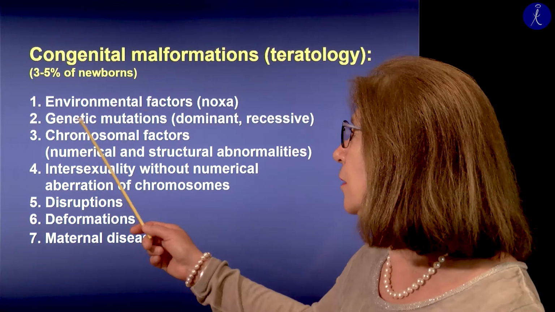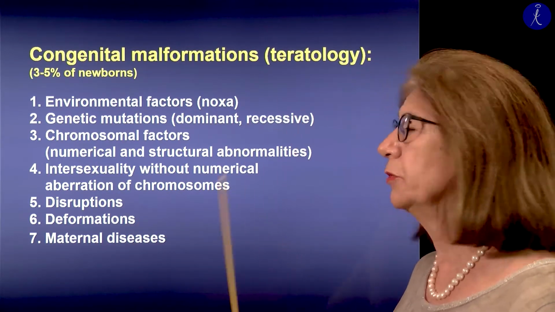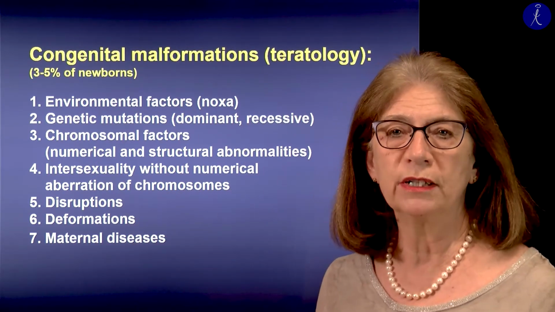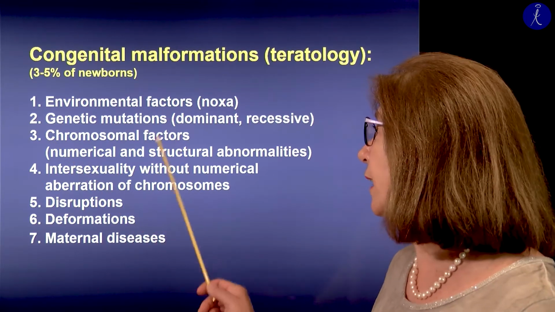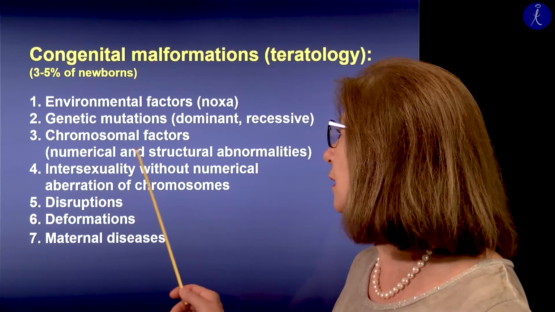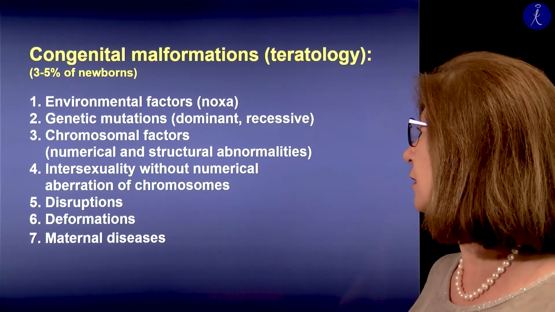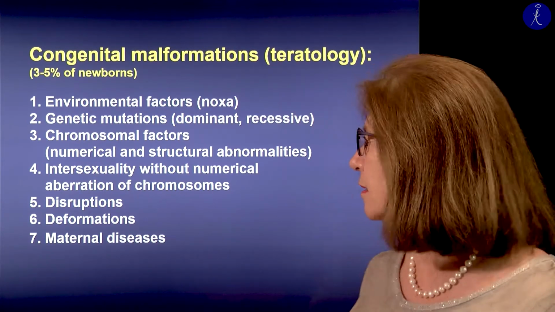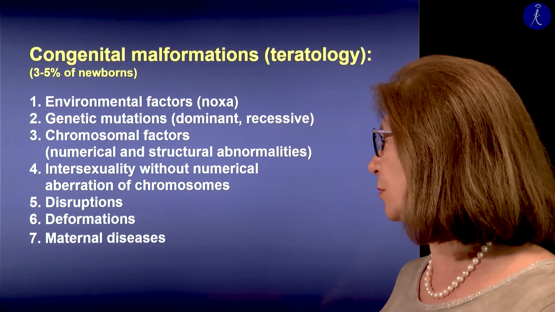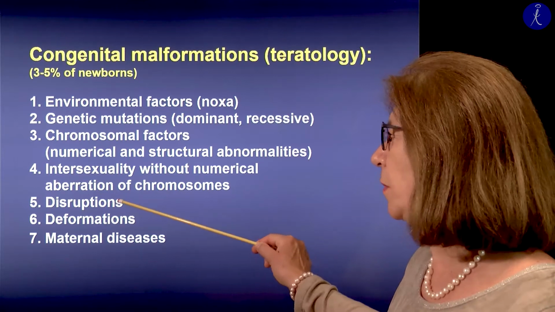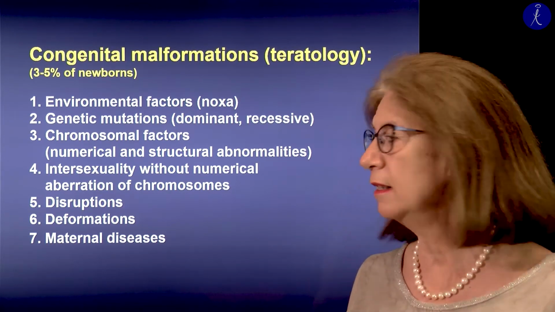There are genetic mutations. These may be dominant or recessive. You might have learned about this more in biology. And there are chromosomal factors. These may be numerical and structural abnormalities. And there may be intersexuality problems without numerical aberrations of the chromosomes. Disruptions and deformations, I will explain these terms later.